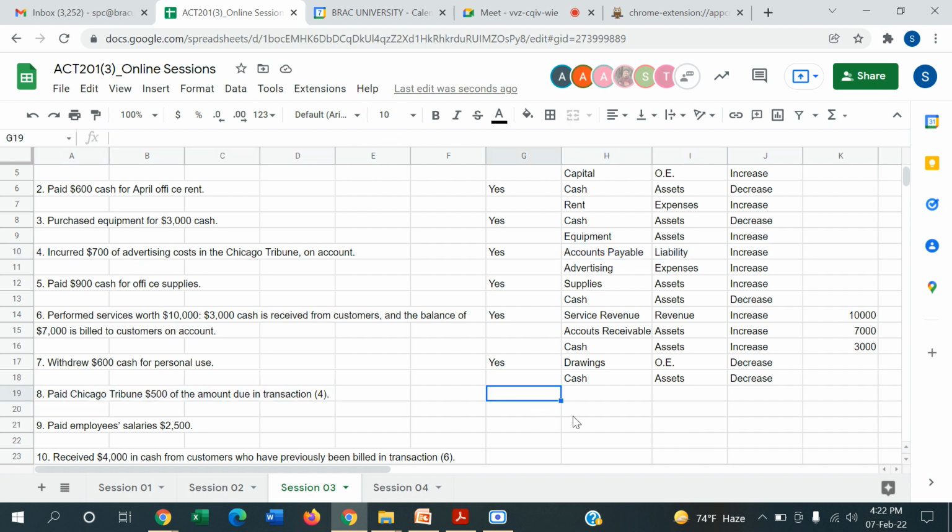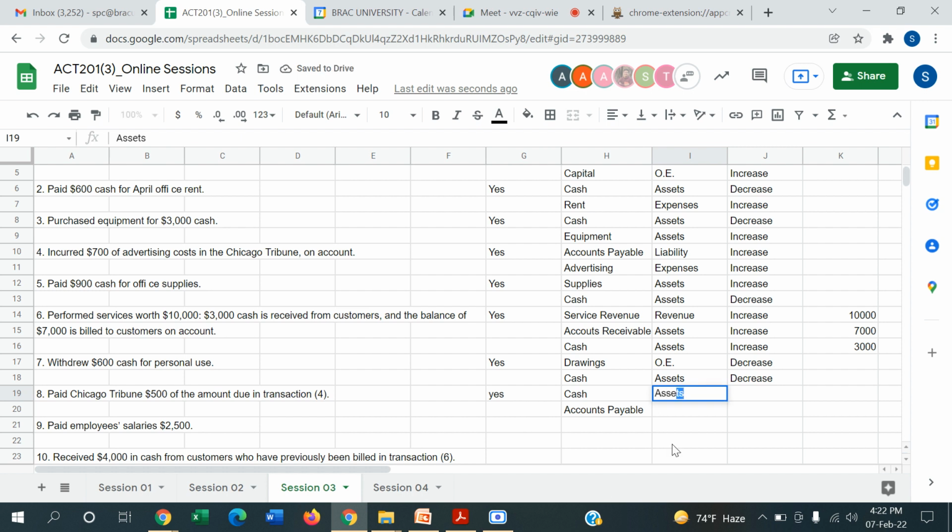Is it a transaction? Yes, sir. What are the accounts related with that? Cash and accounts payable. So, how should we categorize it?